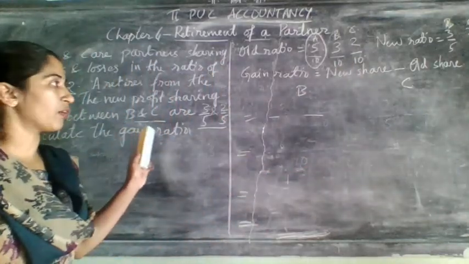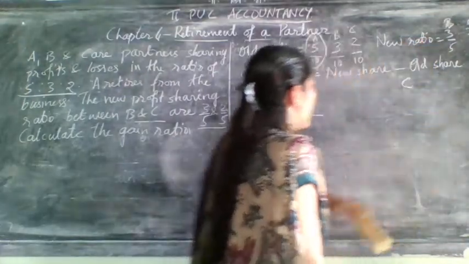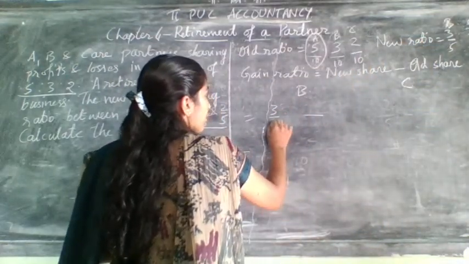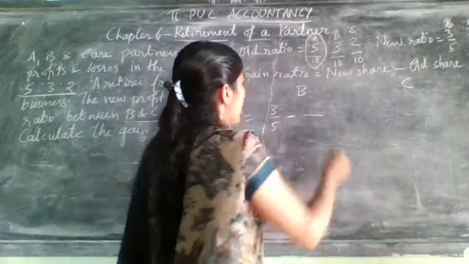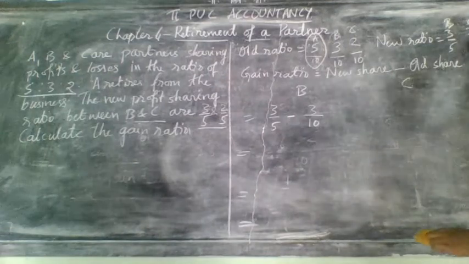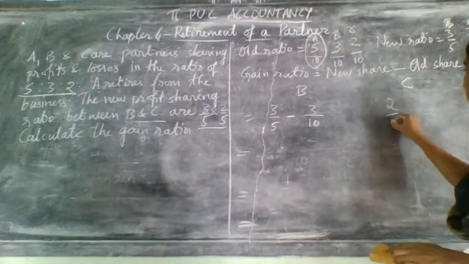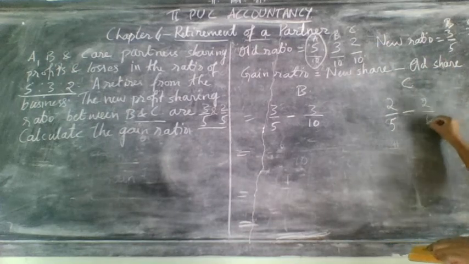Remember, you should not take the old share first. You need to take the new share first. That is 3/5 minus, and B's share here is 3/10. And here C's new share is 2/5 minus 2/10.